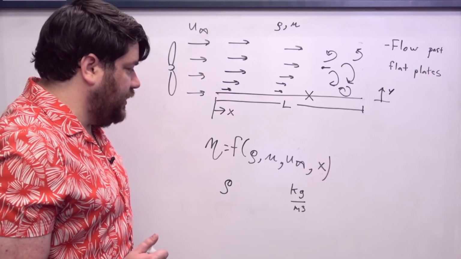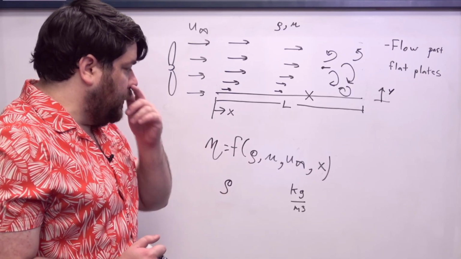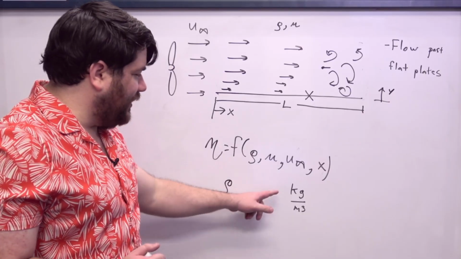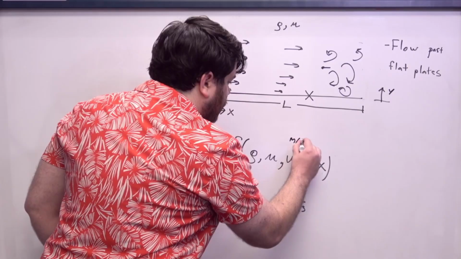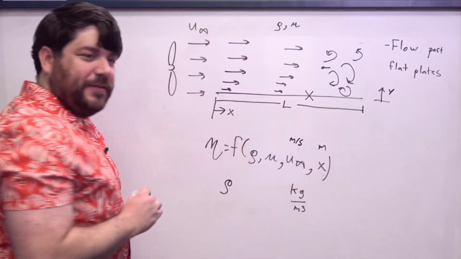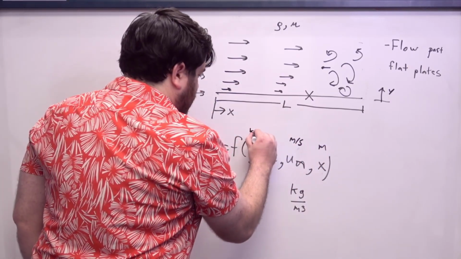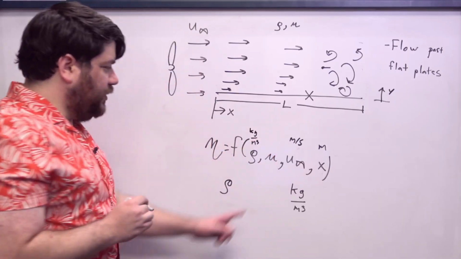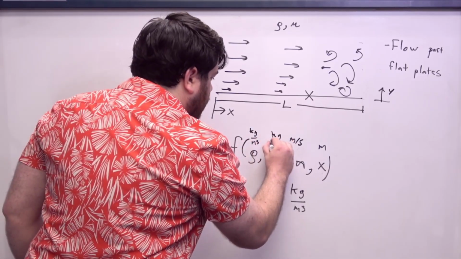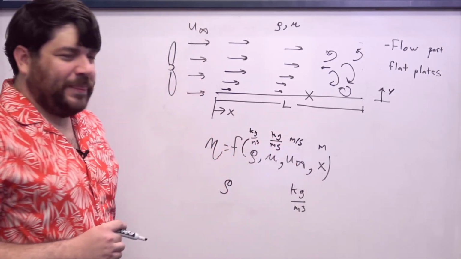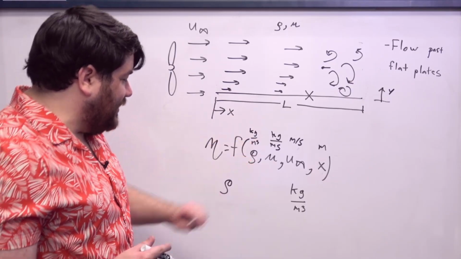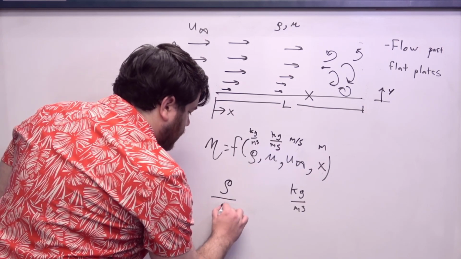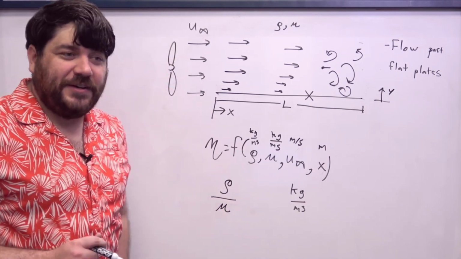Well, maybe I want to get rid of the kilogram, right? But then this has units of meters per second, and this has units of meters. And just like before, this is units of kilograms per meter cubed, and this has units of kilogram per meter second. And so the only way that I'm able to actually get rid of this kilogram is by dividing by the dynamic viscosity.